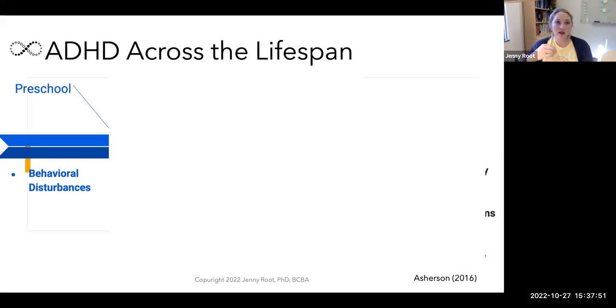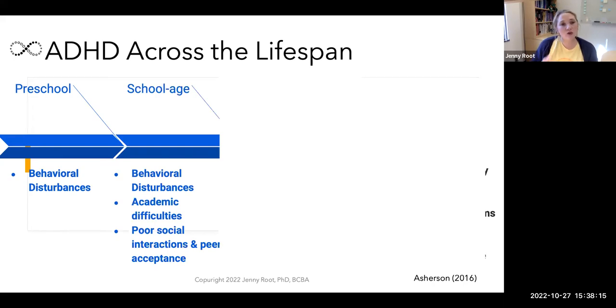So in preschool, often those who have ADHD are going to be identified only if they have big external differences. They cannot sit at circle time, right? They are not going to play with just one activity. They're bouncing from activity to activity really quickly in a way that's significantly different than just your average 4-year-old.